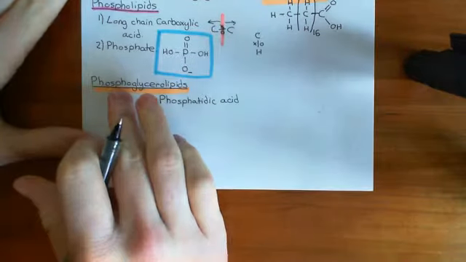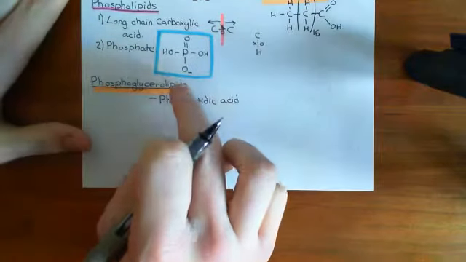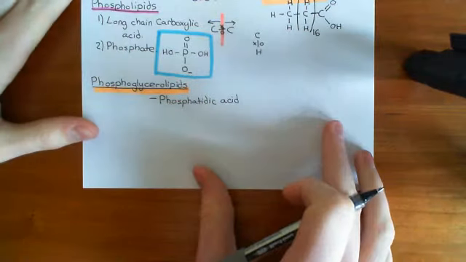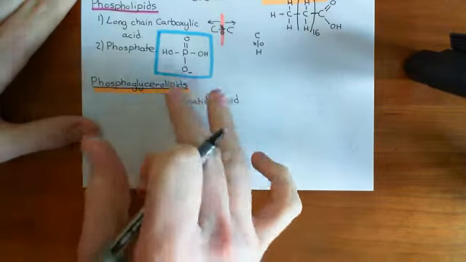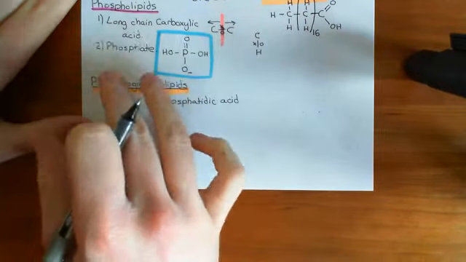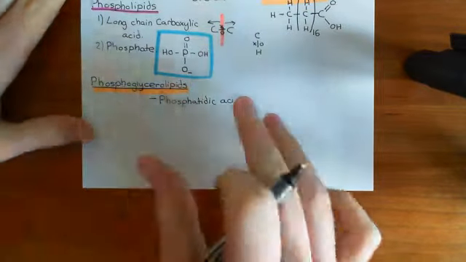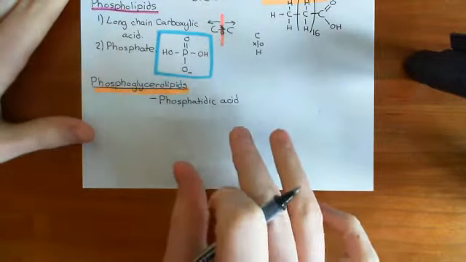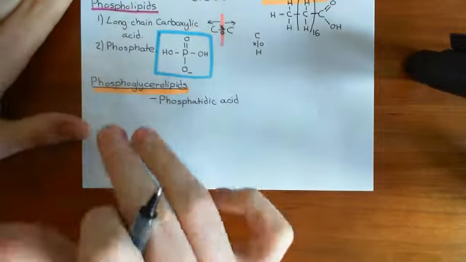All the other phosphoglycerolipids are derived from phosphatidic acid. So we need to start with phosphatidic acid, then we'll discuss how you convert it into a more general phosphoglycerolipid, and then we'll discuss a specific example of a phosphoglycerolipid, which is phosphatidylinositol.